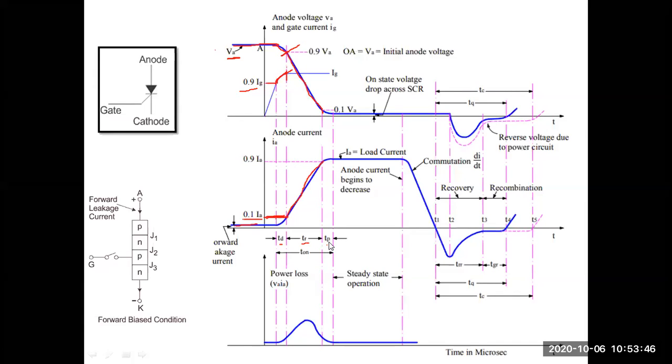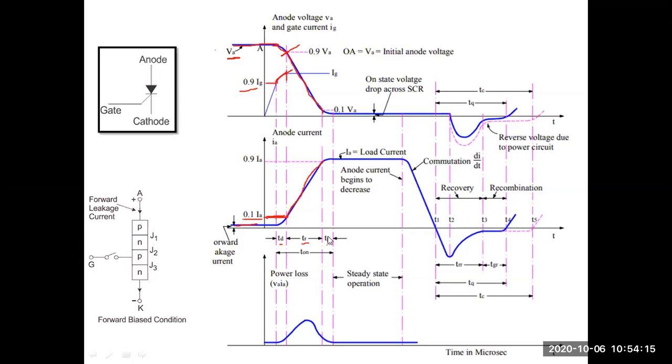Now just look into the spread time. Spread time is defined as TP. Again we can define it in terms of anode voltage and anode current. Forget about this gate current because it is over. Once the switch almost reaches 90%, the gate current is no longer existing, because all the junctions are forward biased.